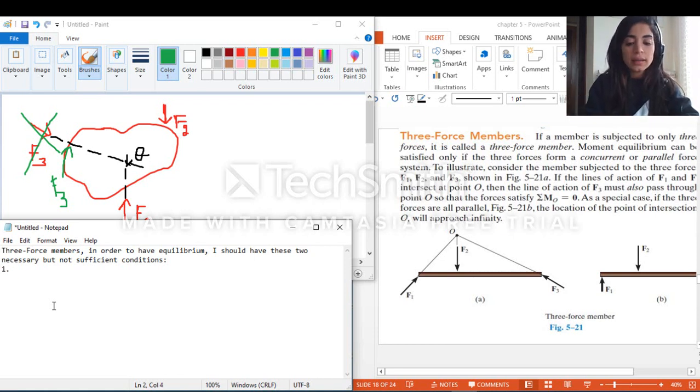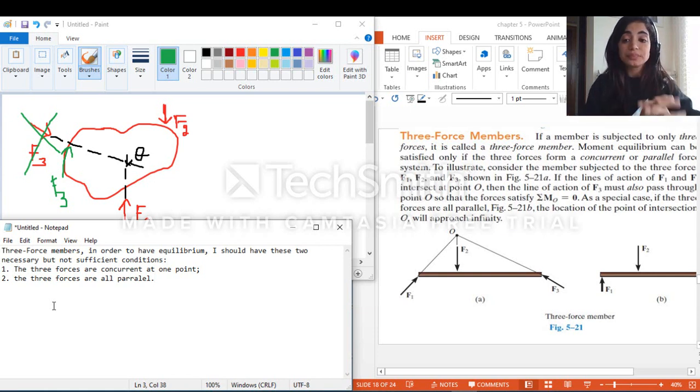Okay, so the first case is that the three forces are concurrent at one point, of course. And the second case is that the three forces are all parallel.